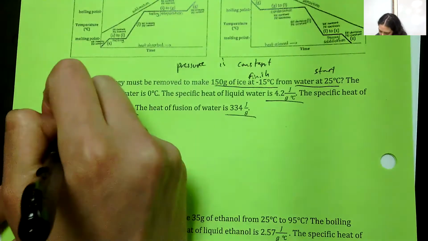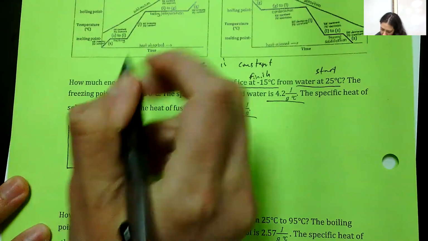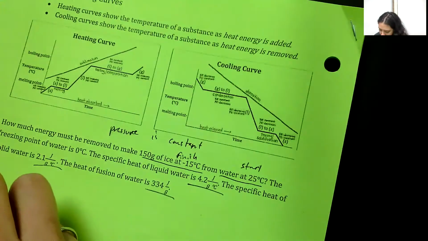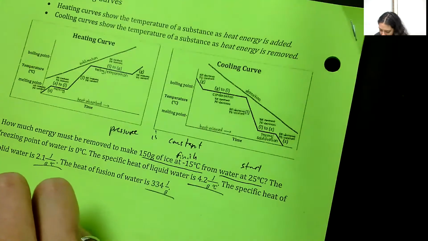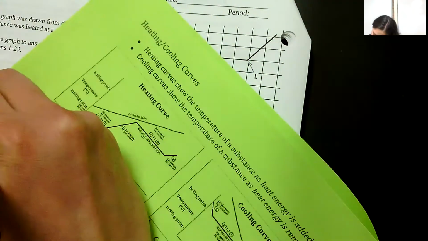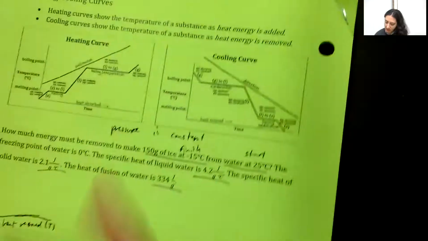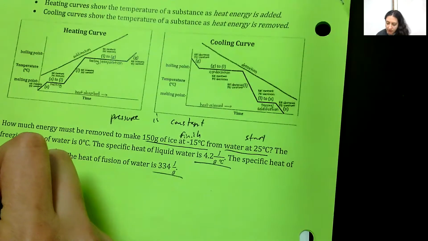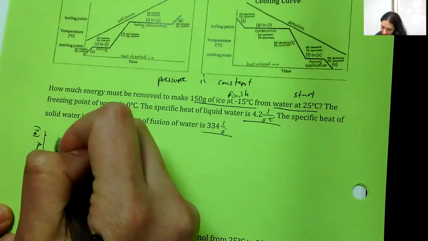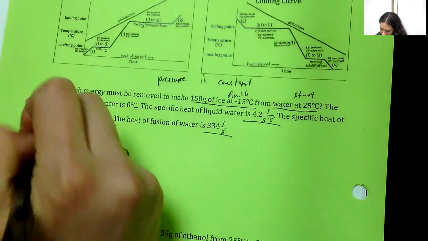If I make a real quick little cooling curve here for water, we've got temperature and heat removed. That's in joules, and this is in degrees Celsius. We know that water starts off as a gas here.